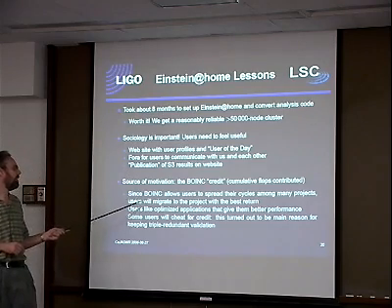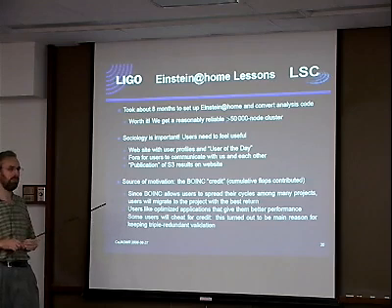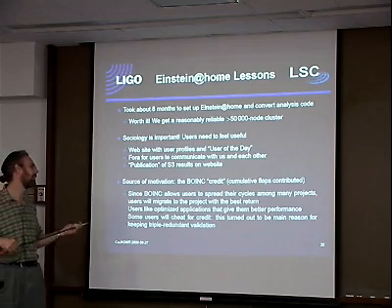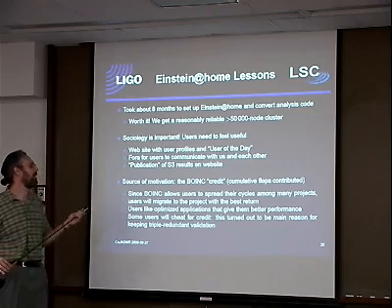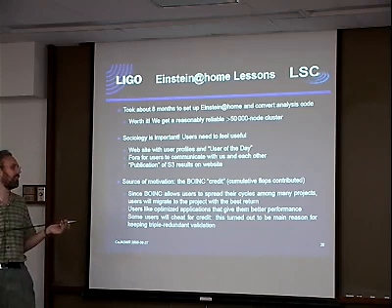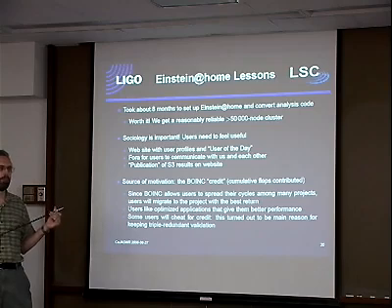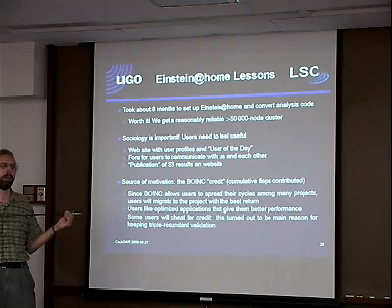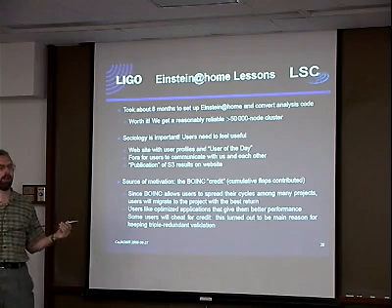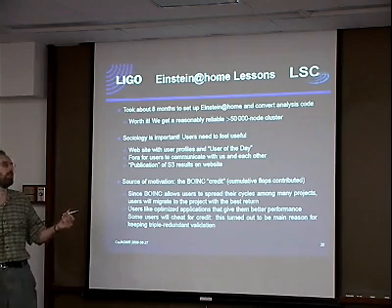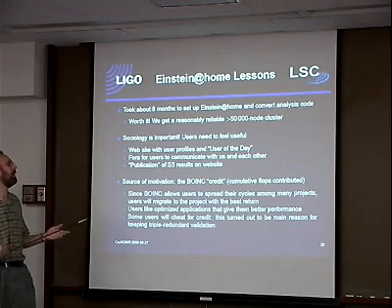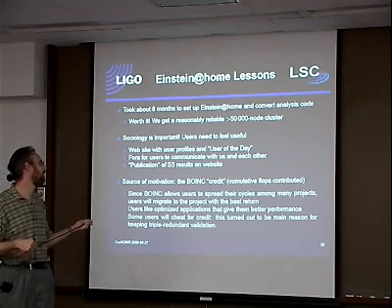Since the BOINC framework allows users to contribute to many different projects, so they spread their computing resources among many projects, they will tend to migrate to projects that give them the best return. Basically, if a project is perceived as being stingy with its credits, that a given amount of computing time doesn't seem to yield the same amount of credits as they get from another project, they will migrate to the one that gives them the best return.